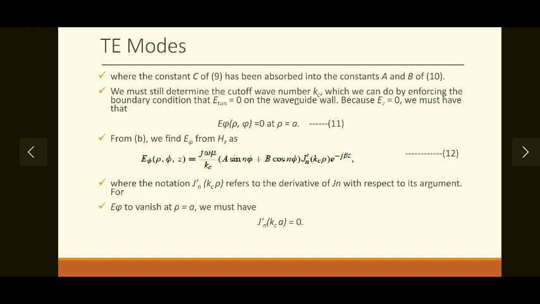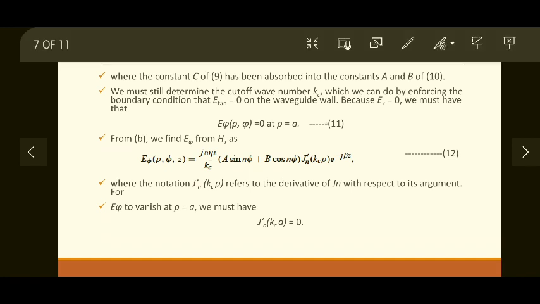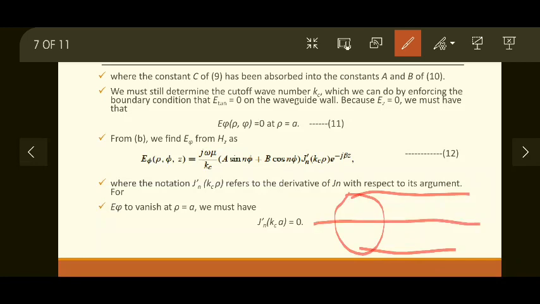Now the boundary conditions. Again remember what the boundary is for a circular waveguide. This is the Z direction along the center of the circular waveguide. Now Ez is 0, and E phi, which is a function of rho and phi, because Ez is 0 and we are not considering Z, is equal to 0 at rho equal to a. How does that come? Rho equal to a means it's the radius.